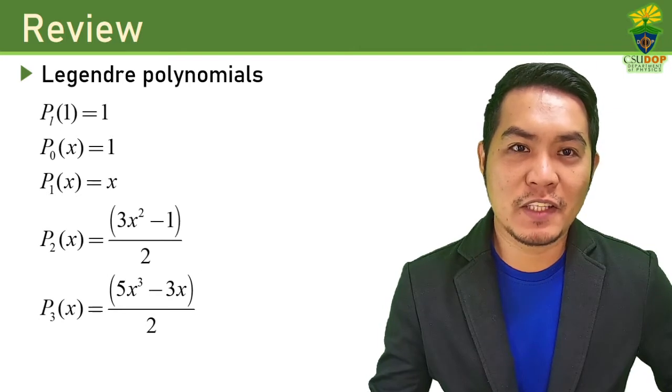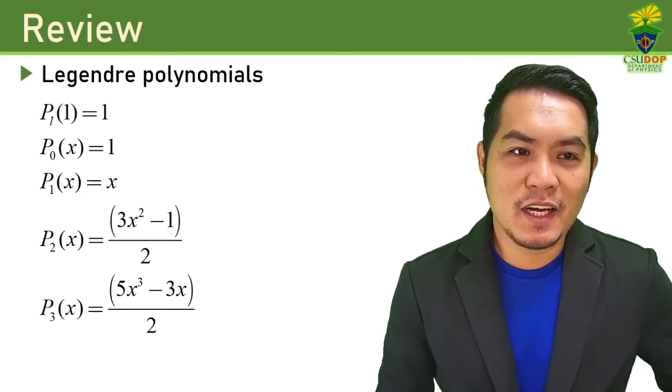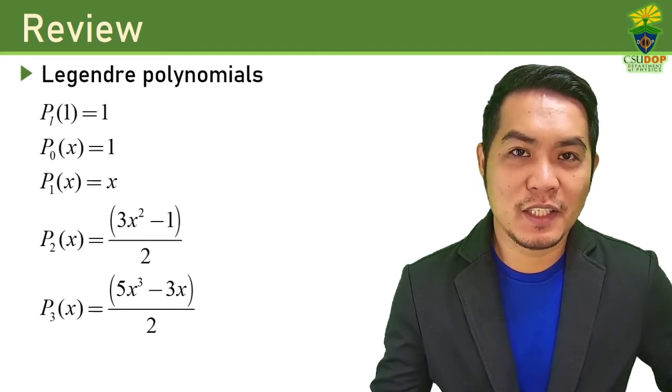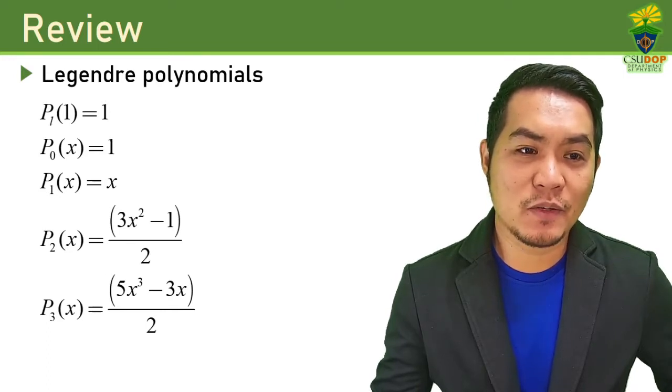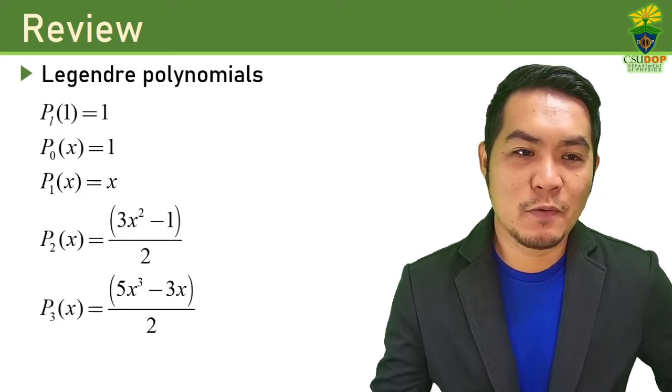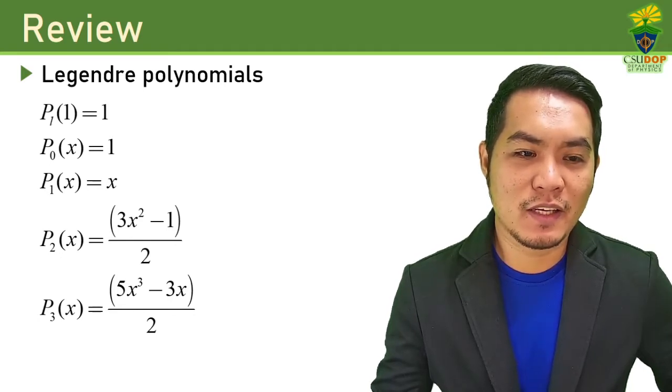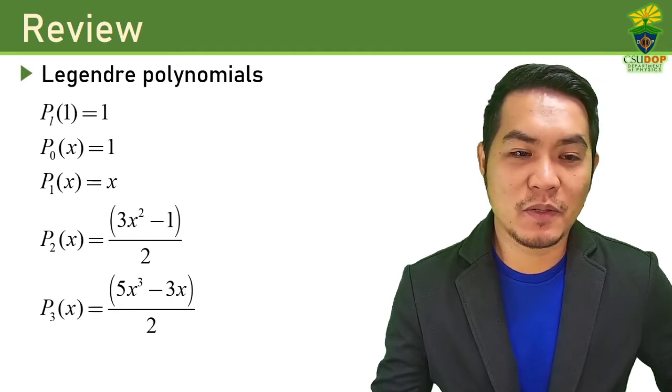The Legendre polynomials are the functions P_L of x. P0 of x is 1 when L is equal to 0, and when L is equal to 1, P1 of x is x, and so on. These are just the Legendre polynomials up to L equal to 3.